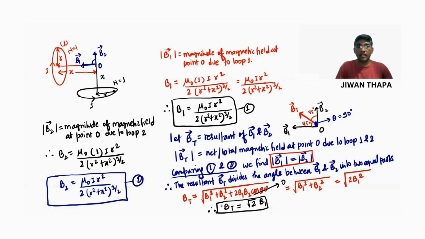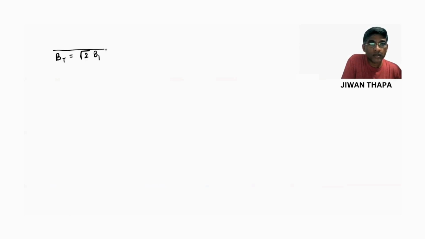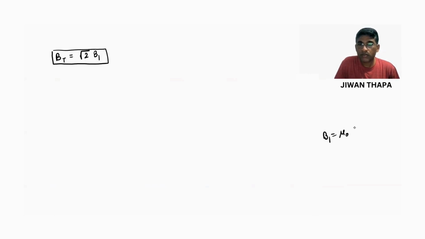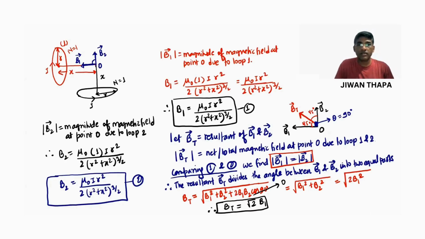Now, we have BT equals under root 2 B1. And what is B1? B1 is mu naught I R square by 2 bracket R square plus X square whole power 3 by 2.